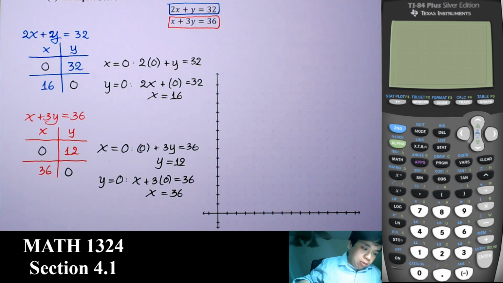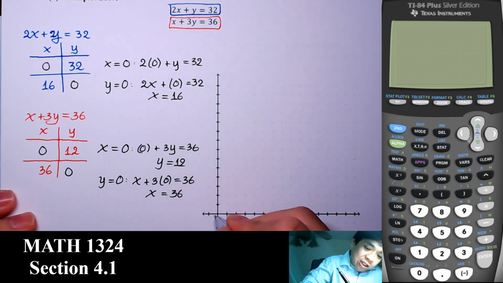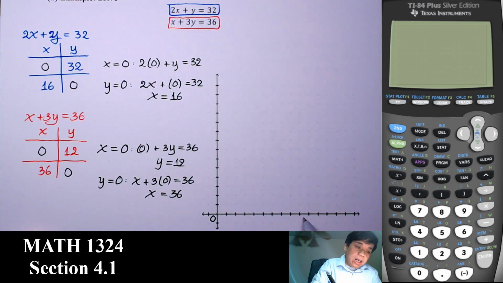So obviously 0 is going to be right at the corner. And let's see, 1, 2, 3, 4, 5, 6, 7, 8, 9, 10. Right, so we can choose 4 each because 40 will be big enough to do this.